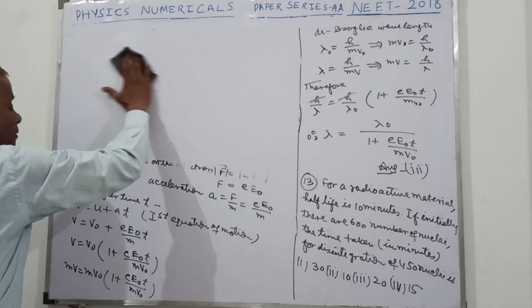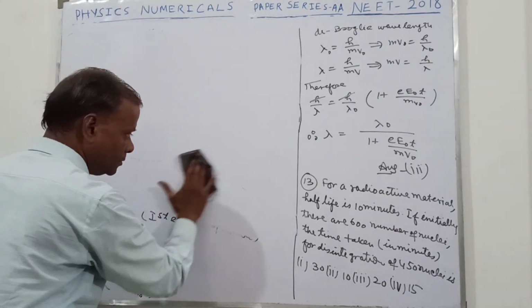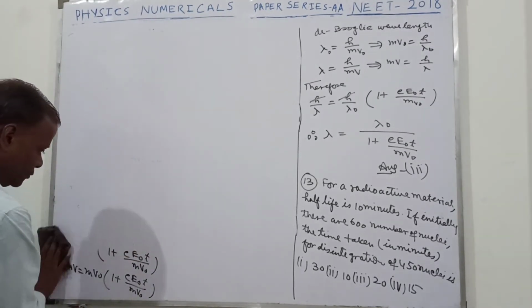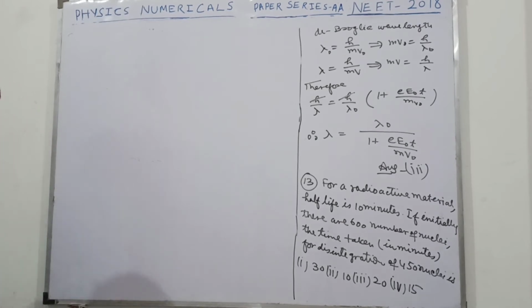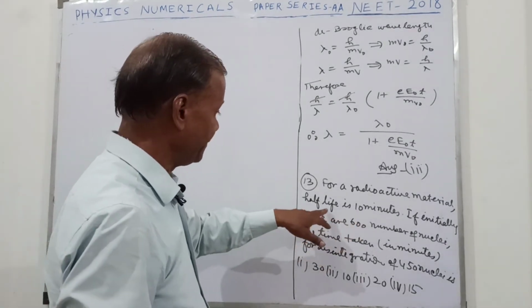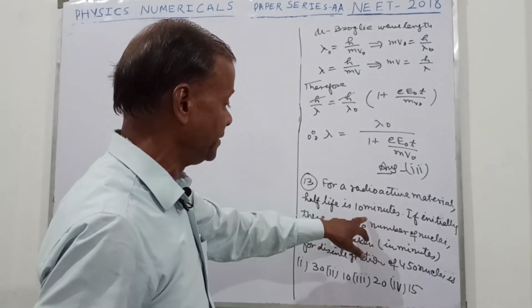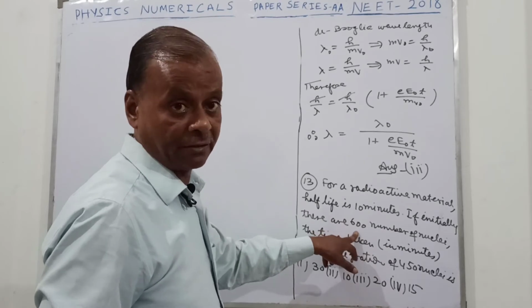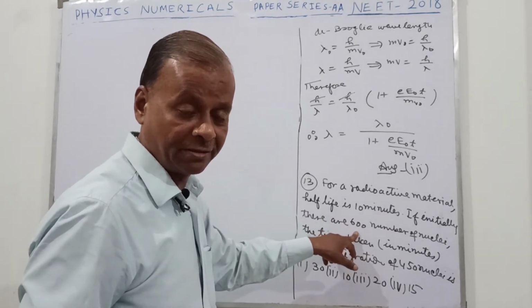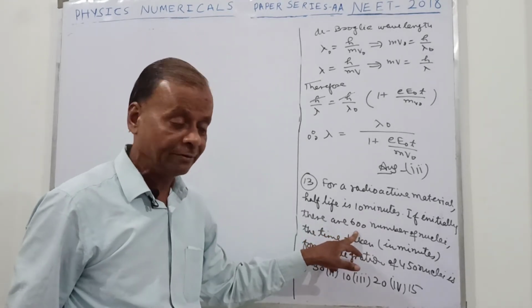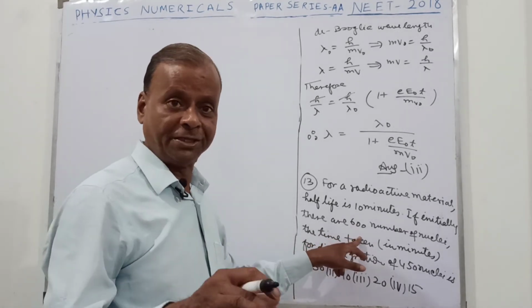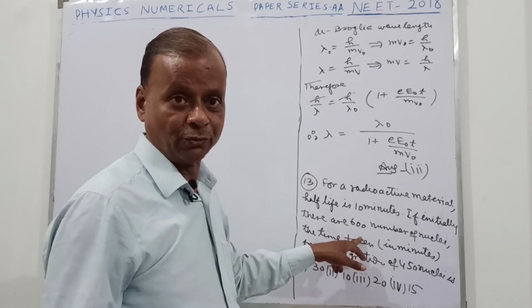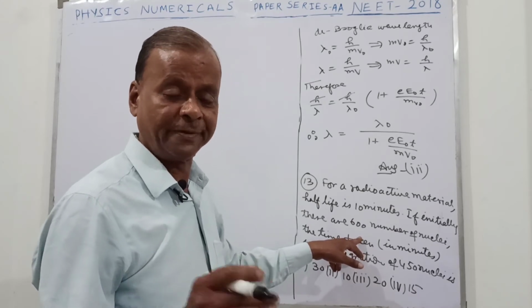So now we can solve this question orally also. You can see that the half-life is given as 10 minutes. So in 10 minutes 300 nuclei will disintegrate and 300 will remain. In the next 10 minutes half of 300 will decay, so 150 will decay and 150 will remain.